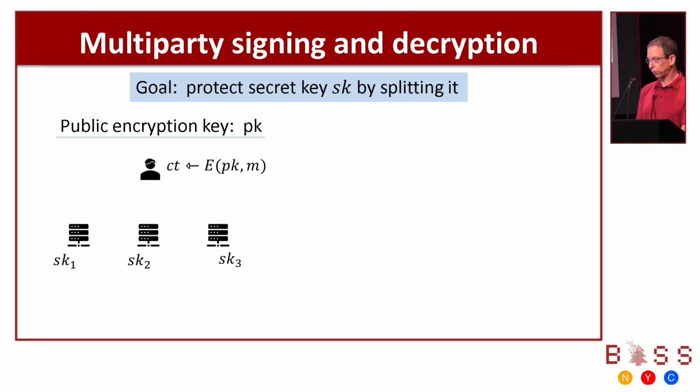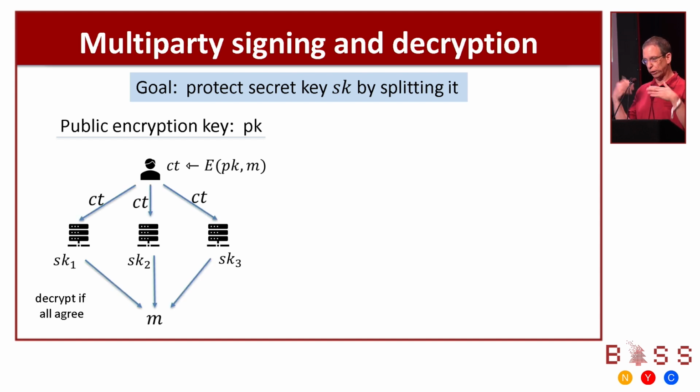We protect the decryption key by splitting it up into 3 pieces in this case. Each piece is used to create what's called a decryption share, and those decryption shares put together are able to decrypt the entire message. So decryption is only possible if all the participants agree to decrypt.